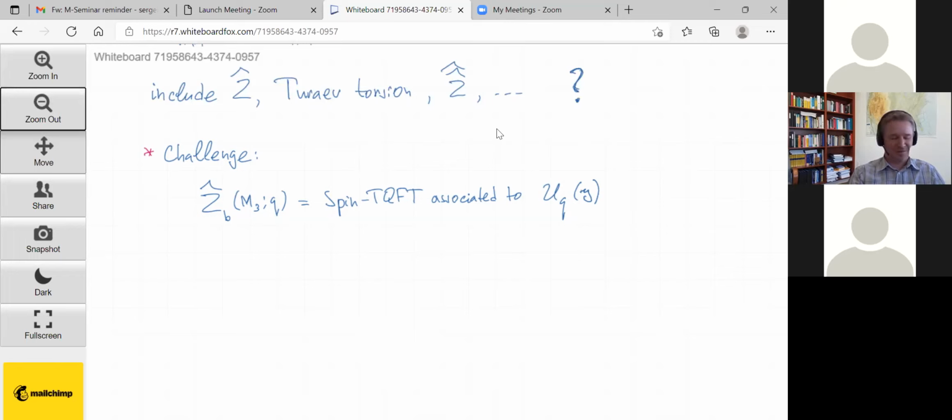Yeah, but when you add the nodes, will it be finite-dimensional representations of U_Q of G which you put on the nodes?